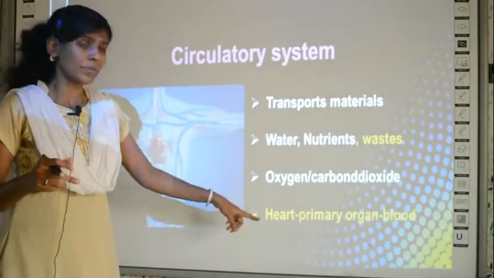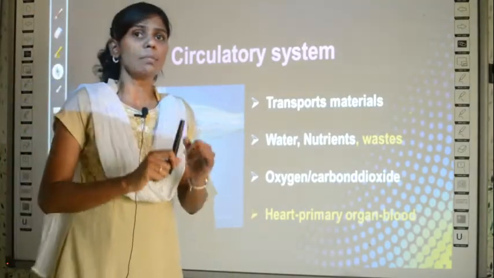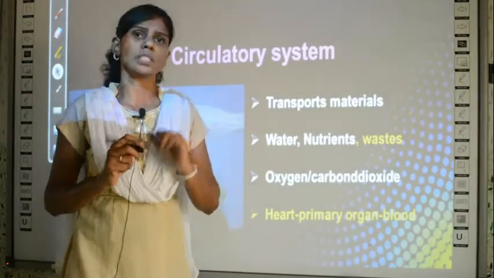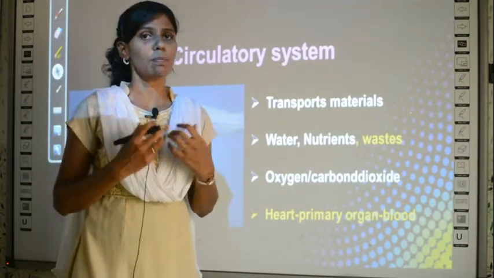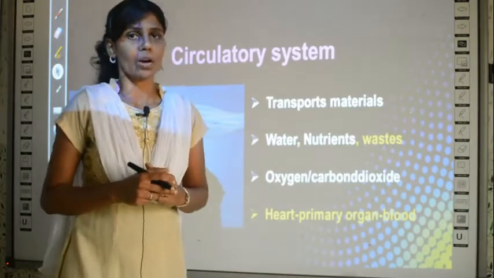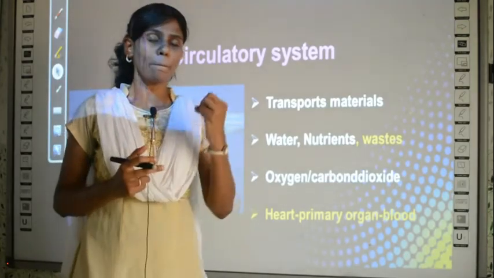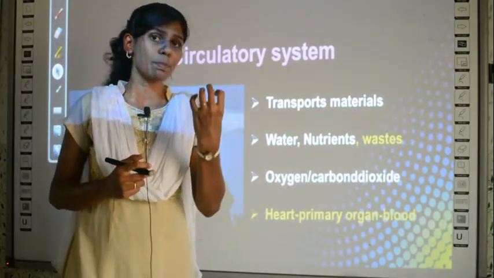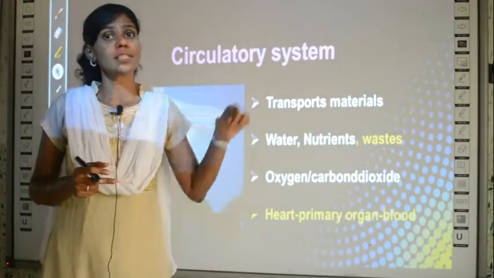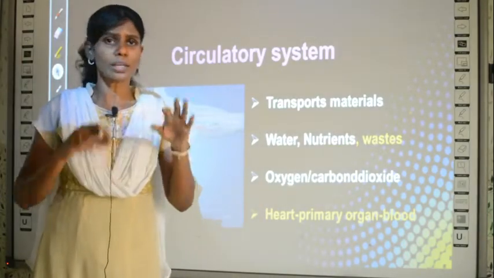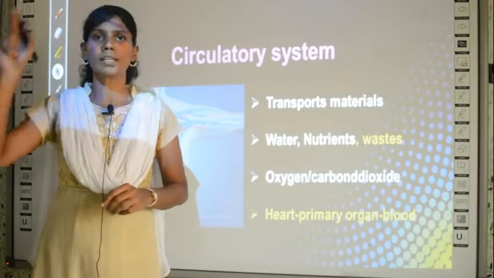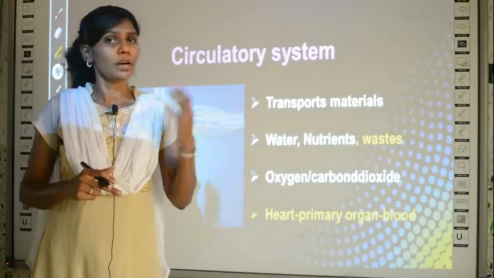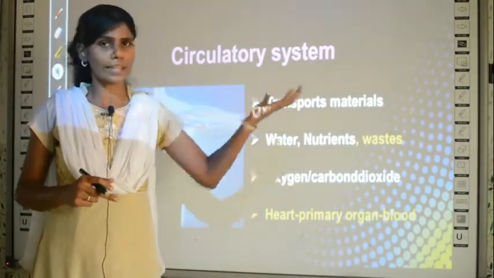The heart is the primary organ which pumps the blood. Which organ pumps the blood? The heart is responsible for pumping the blood, and because of this pumping action, the blood is circulated. The blood is not in the same place, right? It keeps on circulating throughout your body, meanwhile transporting all these materials.